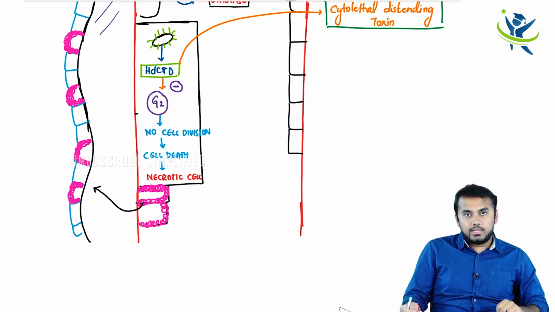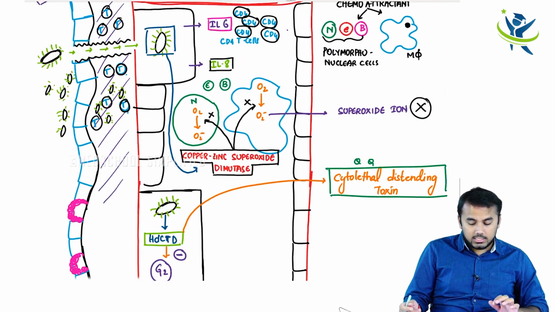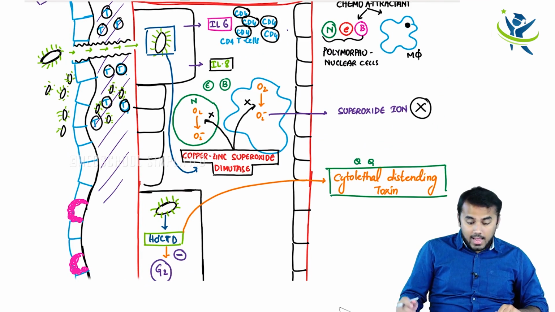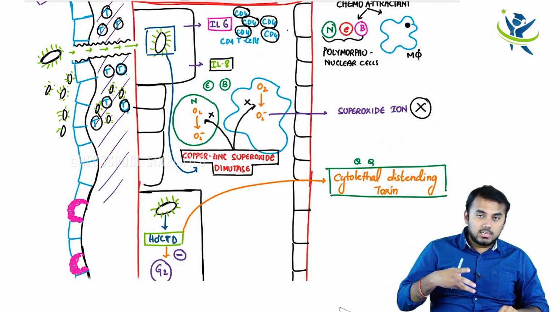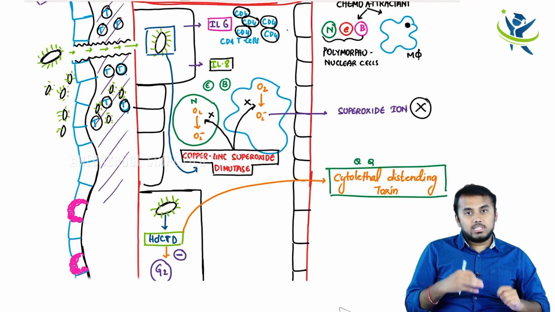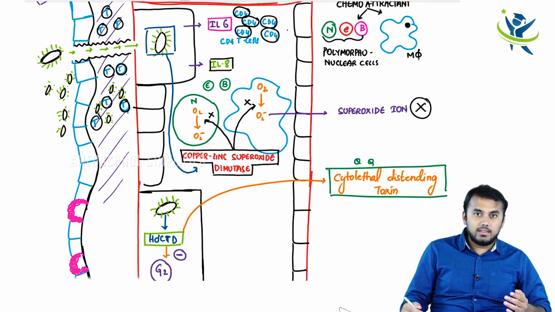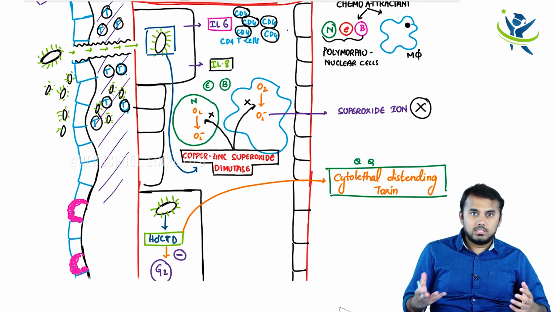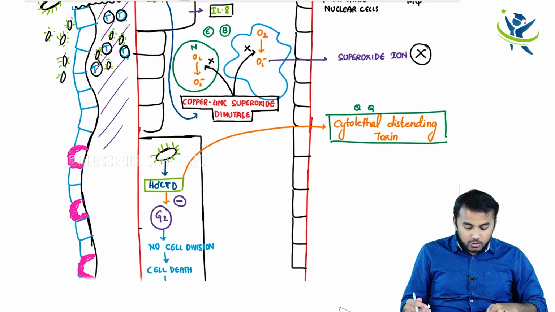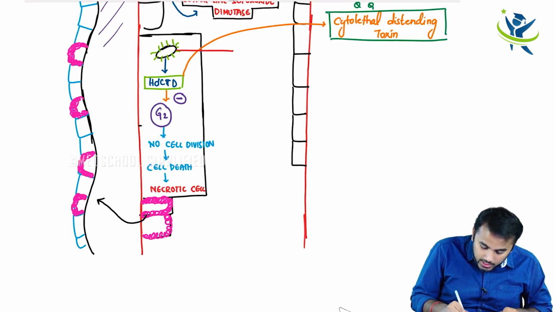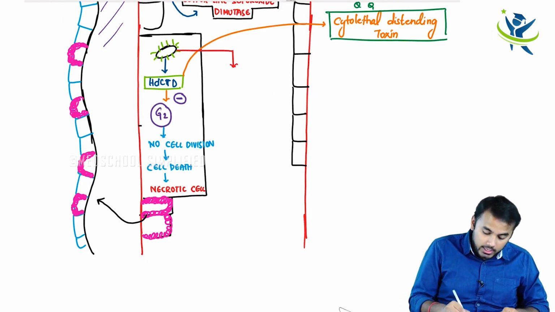So two things are happening here, guys, to the penis. First, the T cells came there, they caused some sort of damage. And overall, the toxin is released, and it is also causing necrosis and some sort of damage. Now look step by step how the penis is getting affected by all these immune attacks and all. On the other hand, you know what will happen? On the other hand, this bacteria is going to release another toxin, and that toxin is named hemolysin.